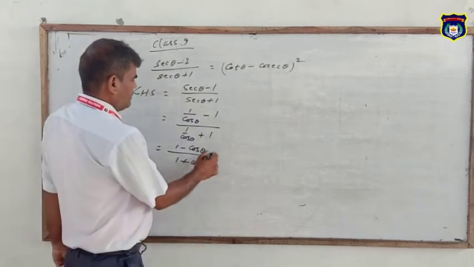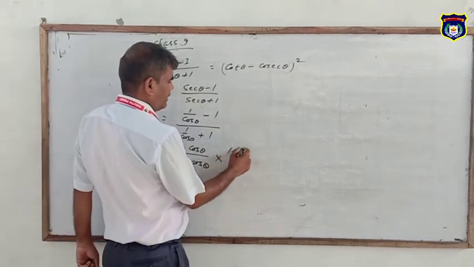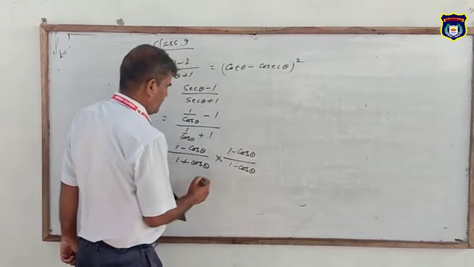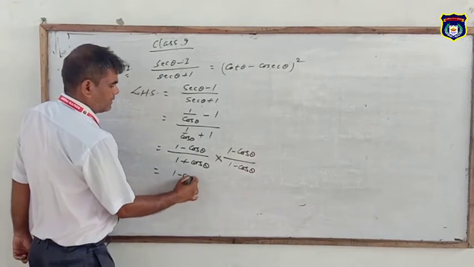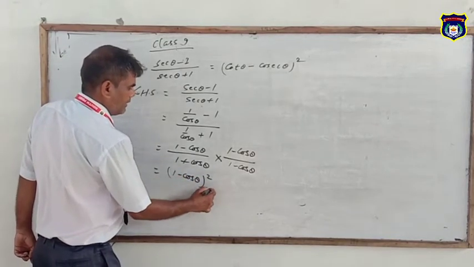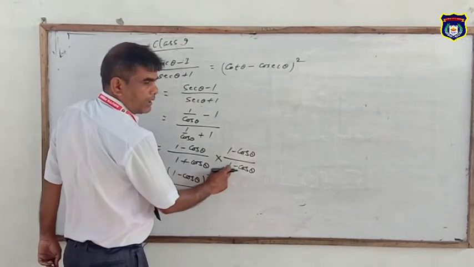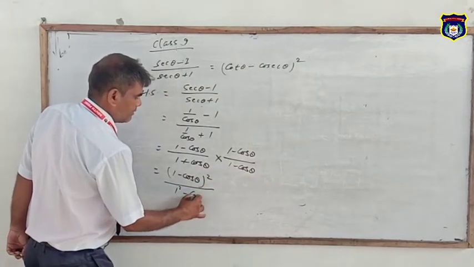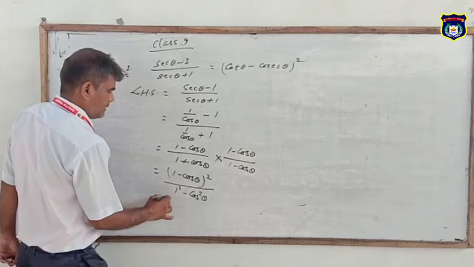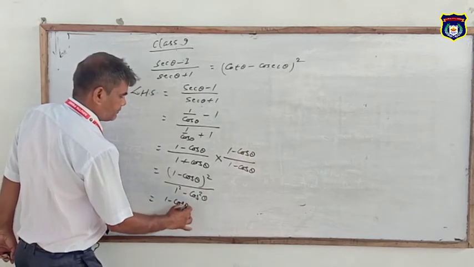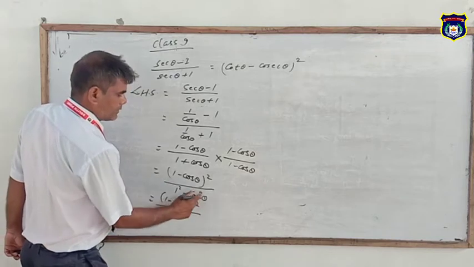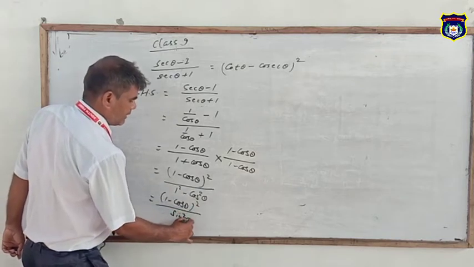Now rationalize: multiply by 1 minus cos theta. So this is (1 minus cos theta) whole square, and the denominator is a plus b, a minus b, a square minus b square, 1 square minus cos square theta. So this is (1 minus cos theta) whole square by 1 minus cos square, which is sin square theta.